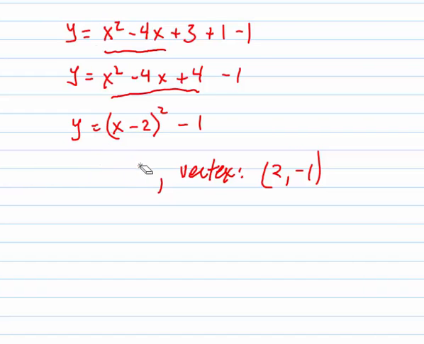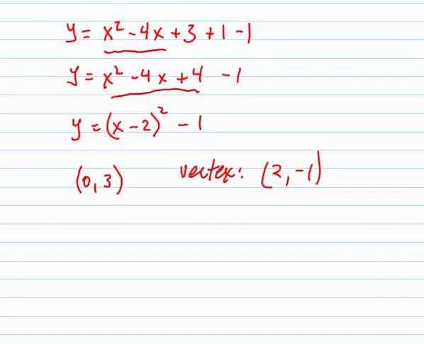That's our vertex. Okay, but for the y-intercept, we let x be equal to 0. If x is 0, we got minus 2 squared, which is 4. Minus 1 is 3. So there's our second point.